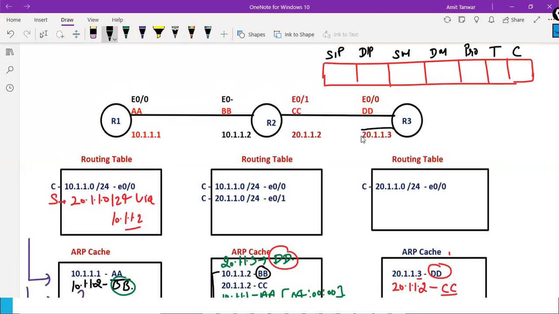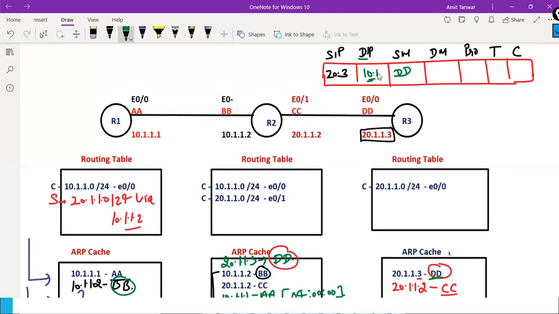So from here, what will be the source IP? 20.3. What will be the destination? The destination will be 10.1, because in the previous packet, the ICMP echo request, this router received it from 10.1. What's the source MAC? Source MAC is already there, D.